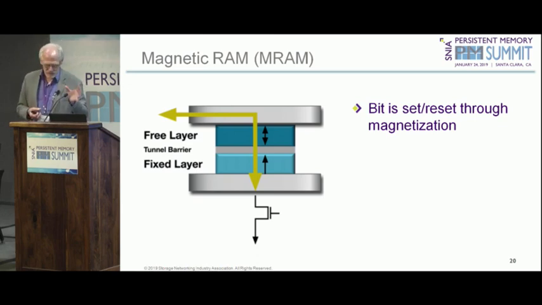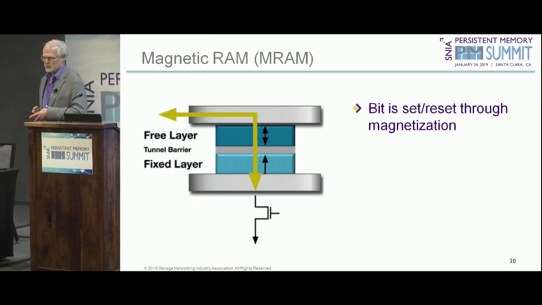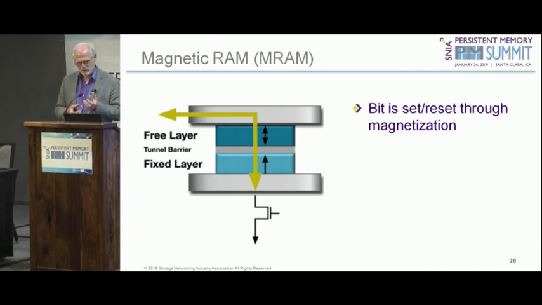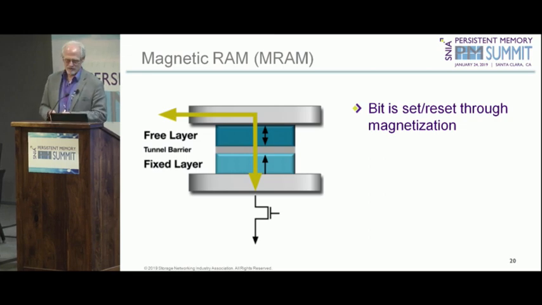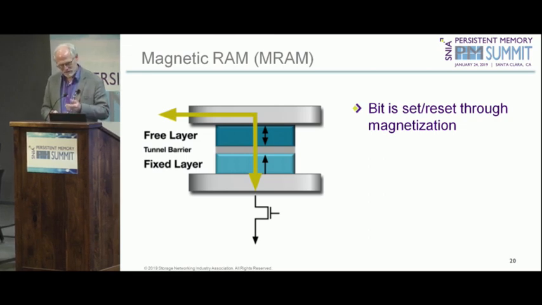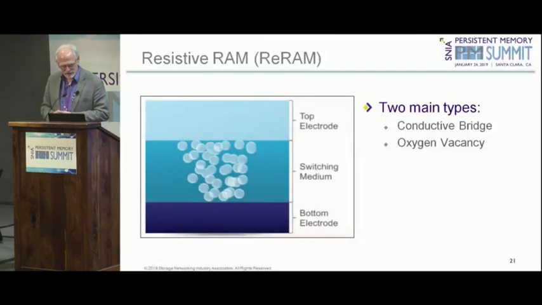In fact, what's interesting about a lot of these technologies is that at heart, a lot of them are resistive technologies, a higher or lower resistance state. So the bit is set depending upon the orientation of that free layer, and you have a way of writing that and then reading it back. That's basically the MRAM structure.